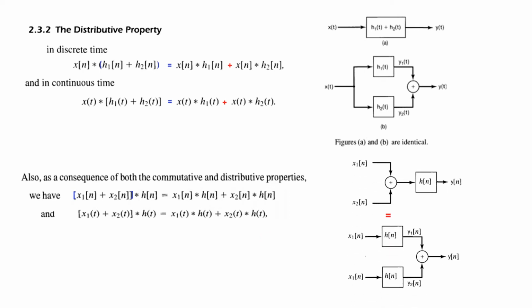And this we can also represent graphically: two inputs x1 and x2 are summed and convolved with h[n], which is the same as x1 convolved with h[n] plus x2 convolved with h[n].